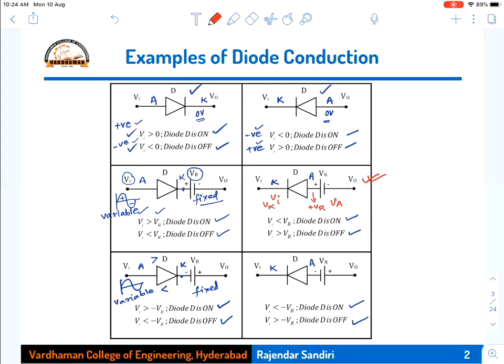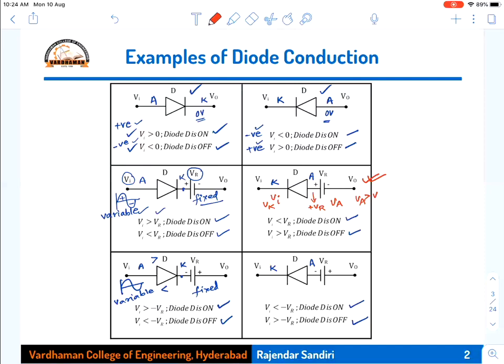So this VA is greater than VK, then only the diode is on, right? Now VA is VR, VK is Vi. So is it not VR greater than Vi? But I have written in the opposite direction: Vi is less than VR. If VR is greater than Vi, can't we write Vi is less than VR? Both are the same. So that's what is written. Vi is less than VR.